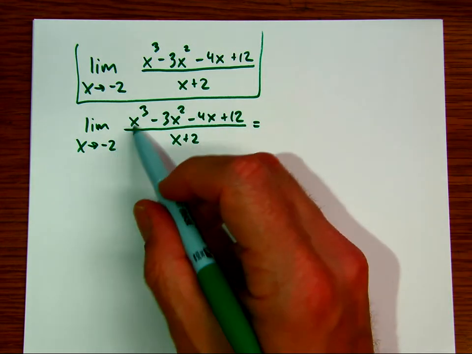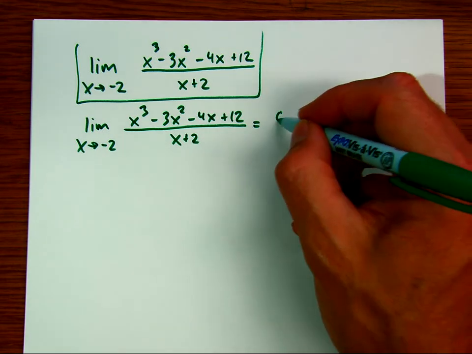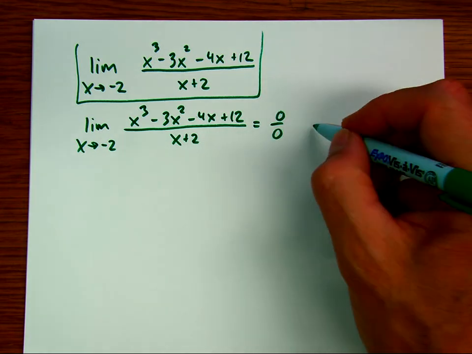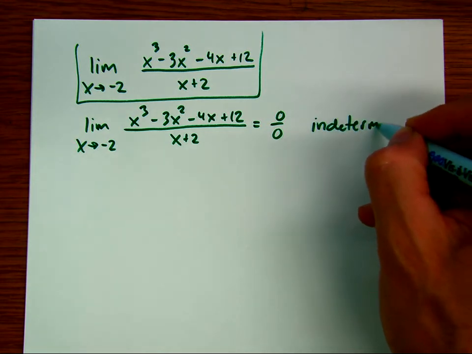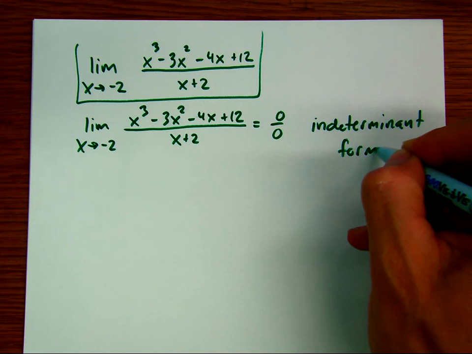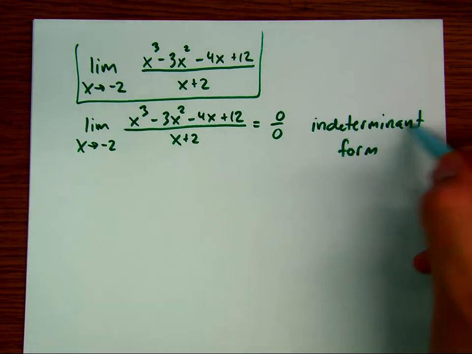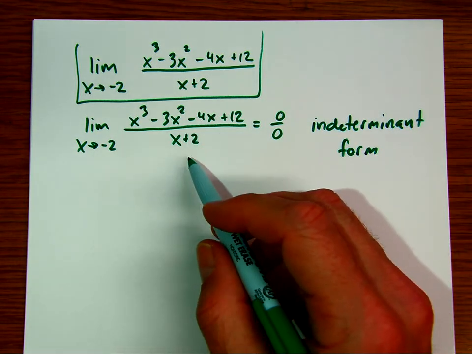And if we substitute -2 into all of these x's, we have 0 over 0, and that's called an indeterminate form. Meaning it doesn't tell us anything about the limit. We have to rewrite this and then reevaluate it.